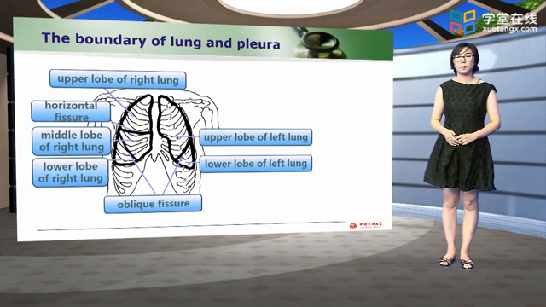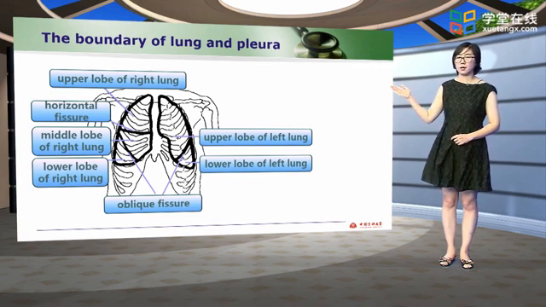Lobes are divided by the fissures. So the fissure between the upper lobe and the middle lobe is called a horizontal fissure, and the fissure between the middle lobe and the lower lobe we call the oblique fissure.